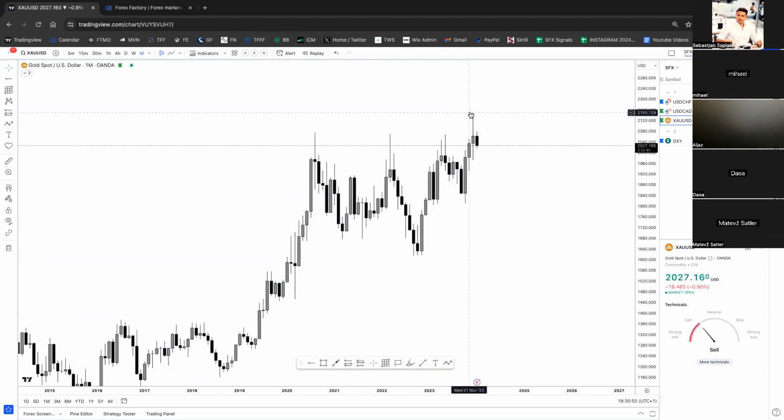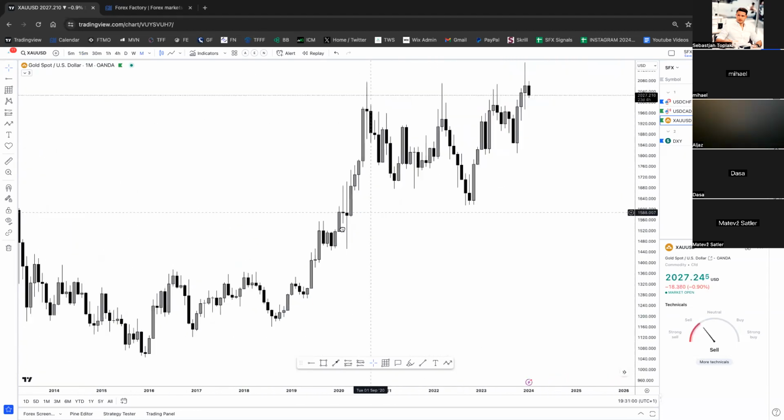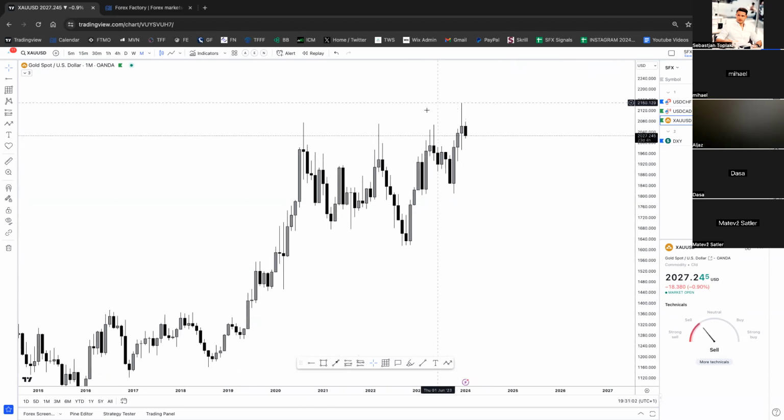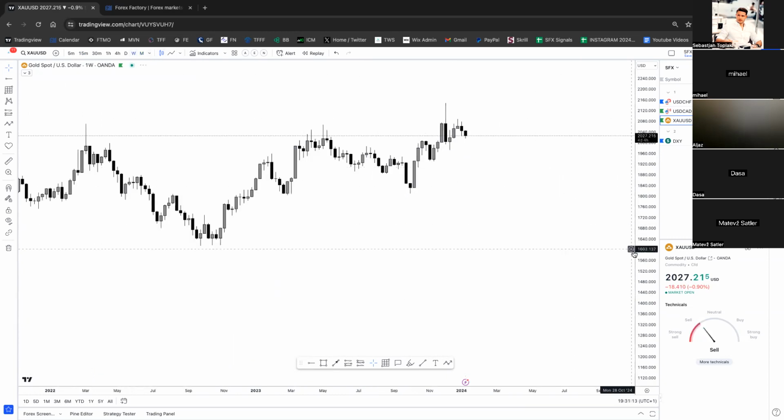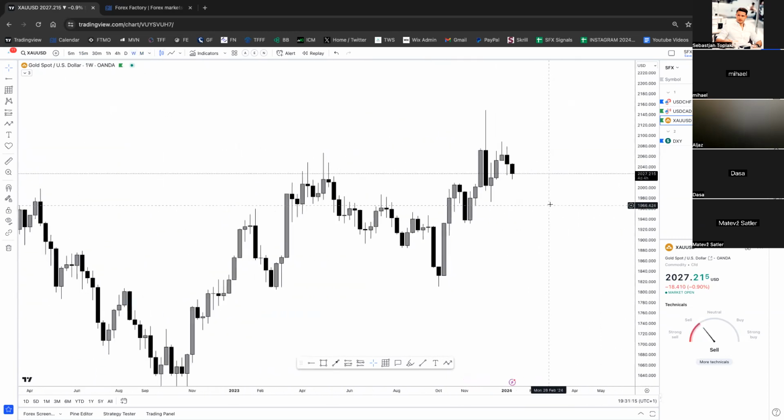Now, because liquidity is taken above on the higher time frame, we can expect gold to push down, right? Because liquidity is taken, even though it's still very much bullish trend-wise, currently we took out liquidity to the highs. We don't have anything else except this week. And currently in January, we are monthly bearish, right? Okay, weekly as well.